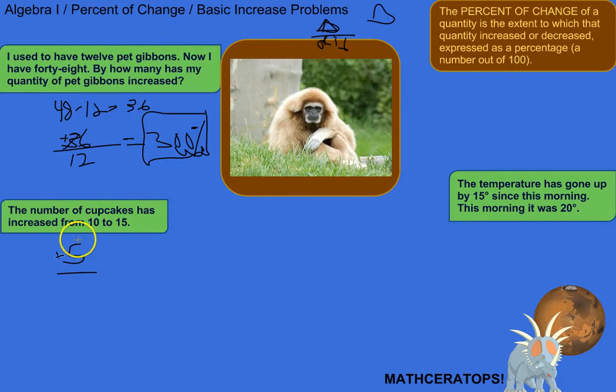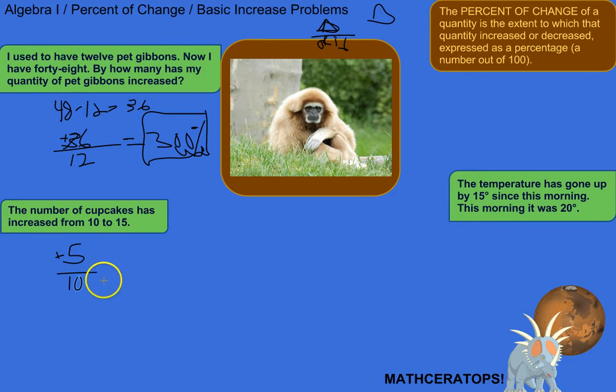Okay, so it's gone up by 5. So it's change over the original. What's the original number? The number of cupcakes has increased from 10 to 15, so the original number is 10. So I could do 5 divided by 10.